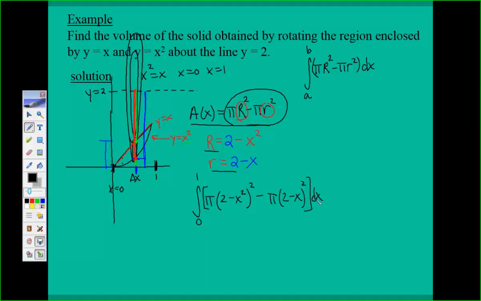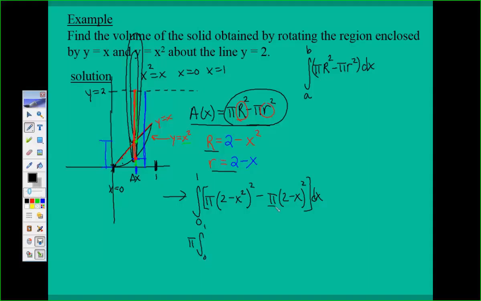This is the challenging part, getting this integral set up. Once we get this integral set up, we know how to find the antiderivatives and evaluate it. So let's evaluate this integral. We would have pi times the integral from 0 to 1.